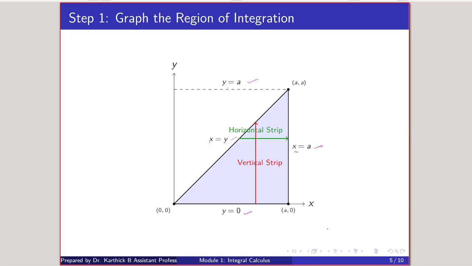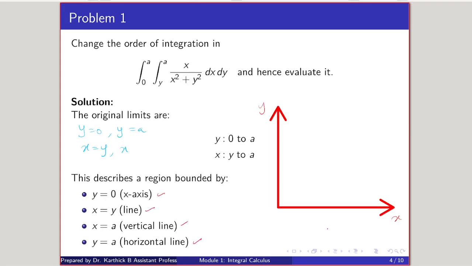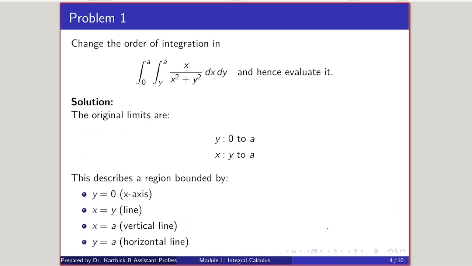Okay, so if you refer to the given problem, they have given us dx dy.